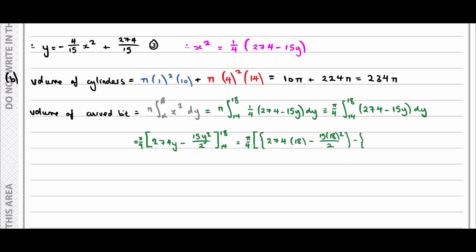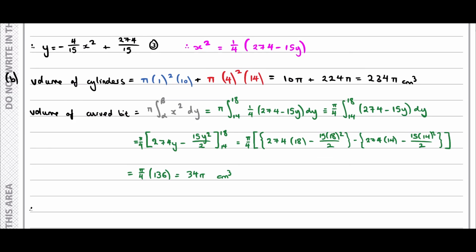And our lower limit, we have 274 lots of 14 minus 15 lots of 14 squared over 2. So therefore, working this out, we get pi over 4 lots of 136, which is 34 pi centimeters cubed. Okay?